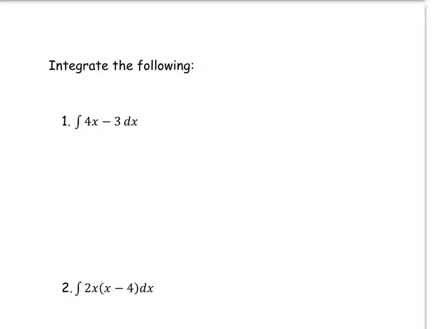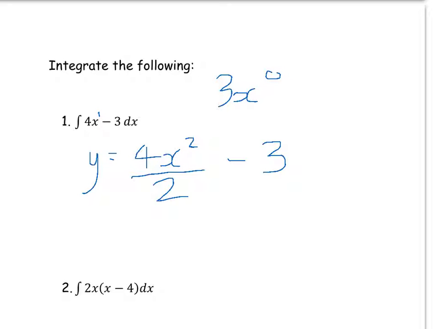So remember, y equals, you add 1 to the power. It's a 1 here, so you do 1 add 1, which is 2, and divide by that new power, 2, minus, now 3 has a power of x here secretly, it's actually 3x to the power of 0.